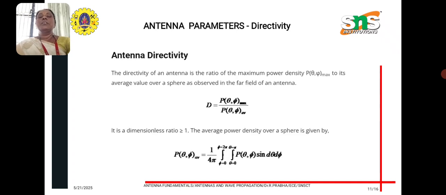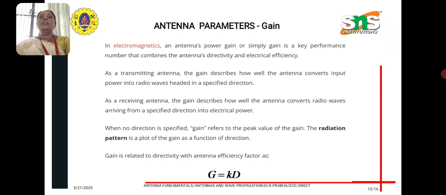The next parameter is the directivity. It is also a very important parameter, and it is given by the ratio of maximum power density to average power density in the far field of the antenna. Another parameter is called gain. In electromagnetics, the power gain, or simply gain, is a key performance parameter which combines both the directivity and the antenna efficiency.